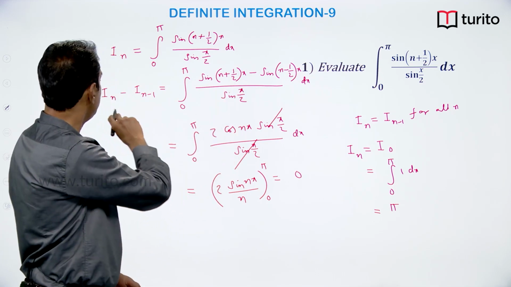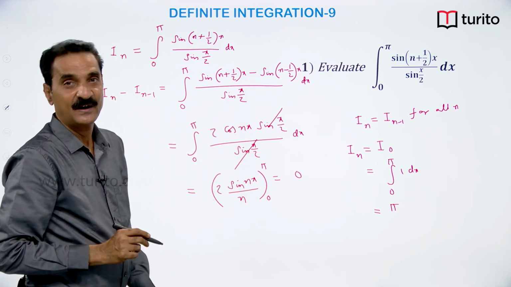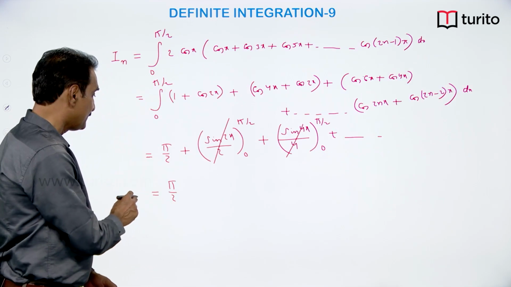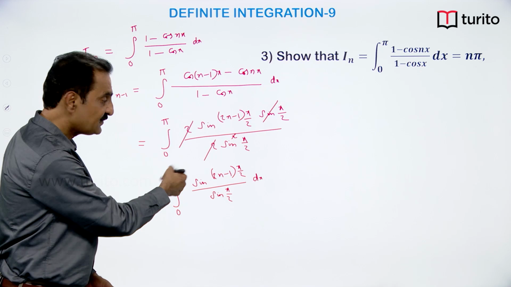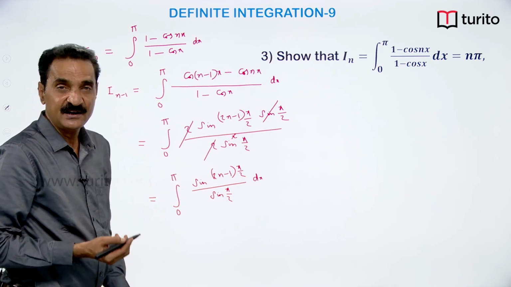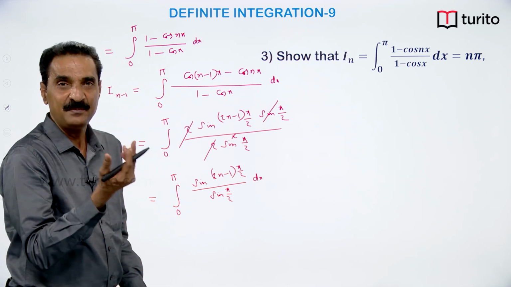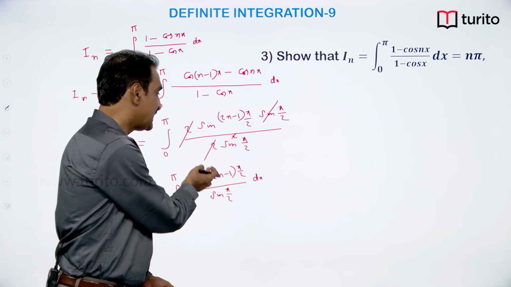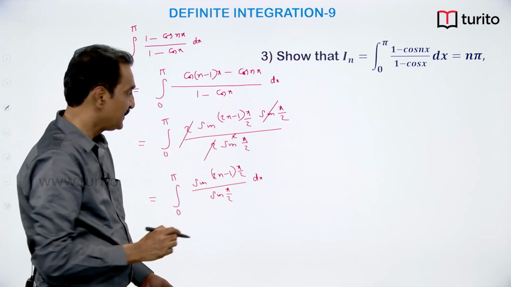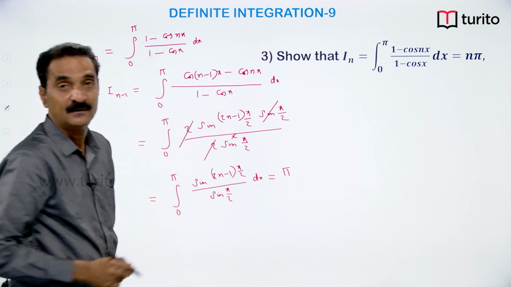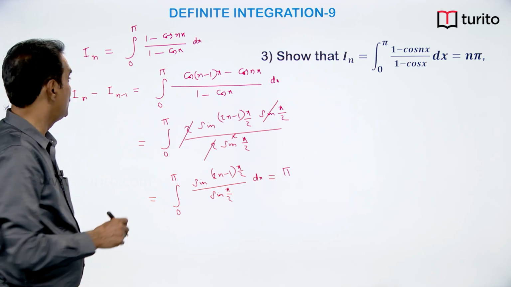We have proved that it is a constant pi for any value of n. Similarly, this will be a constant and its value will be pi, even if it is 2n minus 1, n can be any integer. So, if you replace n by n plus 1, it becomes that question. So, we have proved that this is pi according to the first question.